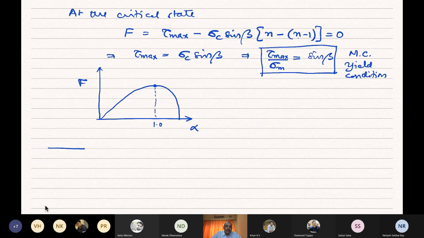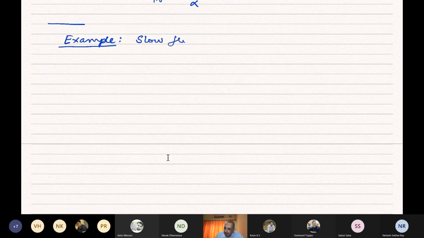So the next thing that I want to do is, now that we have some, I would like to do one more example, and I'll just introduce it here. Slow flow in a wedge-shaped hopper with radial gravity.